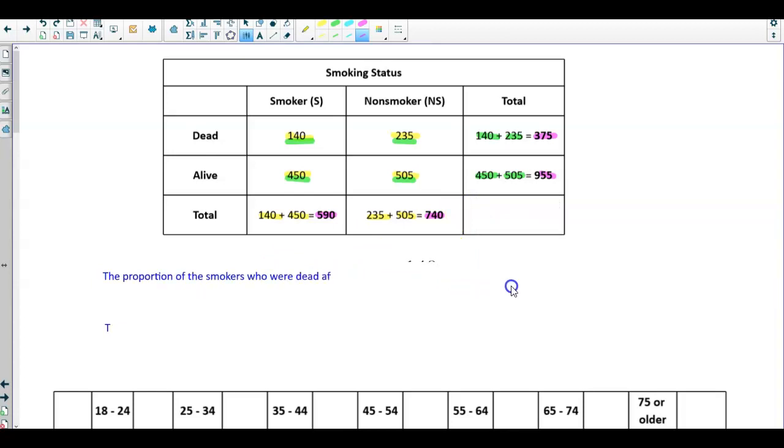The question was asking us for the proportion of the smokers who were dead after 20 years. So we're going to take the numerator, which is 140. 140 represents the smokers who were dead after 20 years.